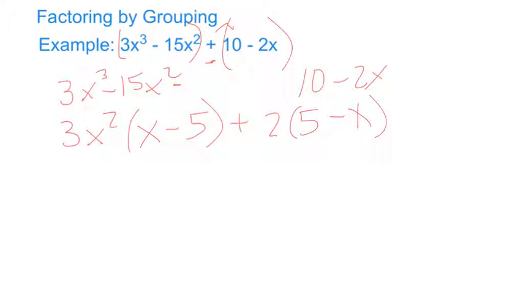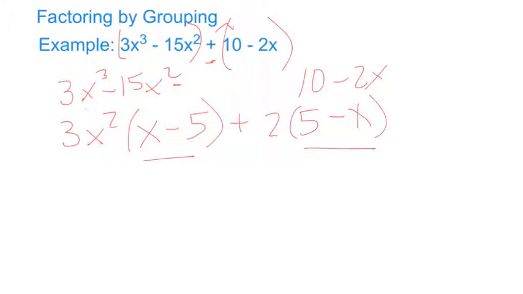All right, now this kind of looks like the problems we were doing before, where we've got these two binomials here. Are these two binomials the same? No, not quite. But there is something we can do here.